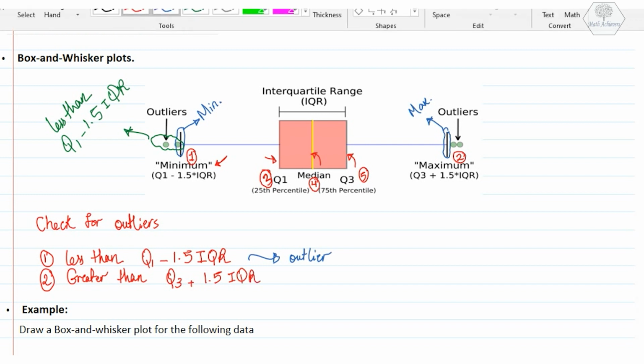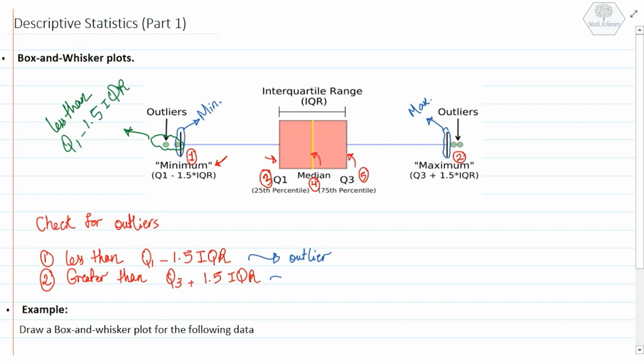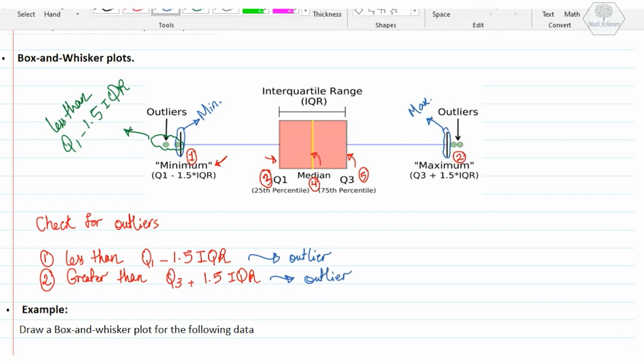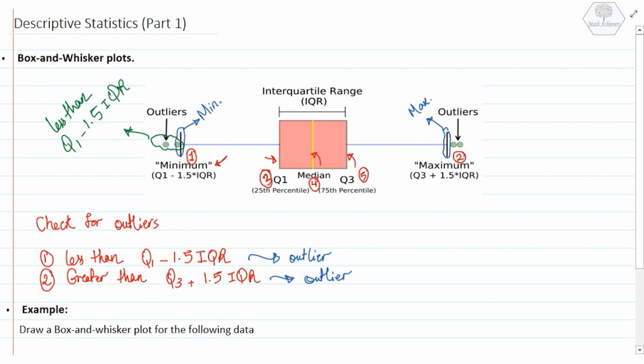Also, we consider any values which are greater than Q3 plus 1.5 IQR to be an outlier. In this case, these are the outliers in here. These values are greater than Q3 plus 1.5 IQR.